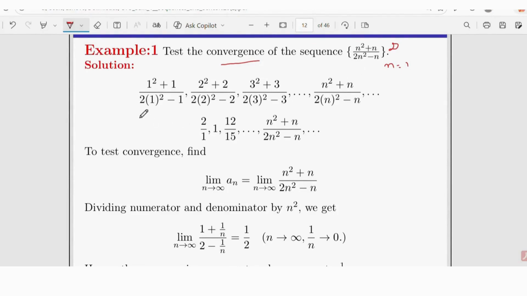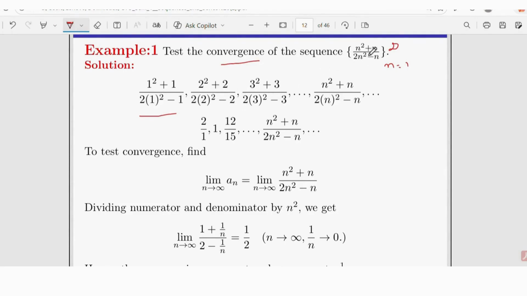So what we get here: (1 square plus 1) upon (2 into 1 square minus 1). In this pattern put n equal to 1, so we get the first term of the sequence. Now put n equal to 2 here. So we get (2 square plus 2) upon (2 into 2 square minus 2). So this is the second term of the sequence.